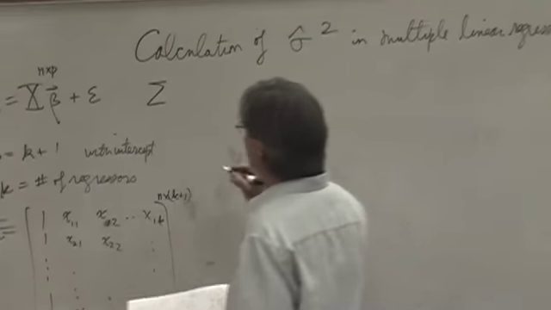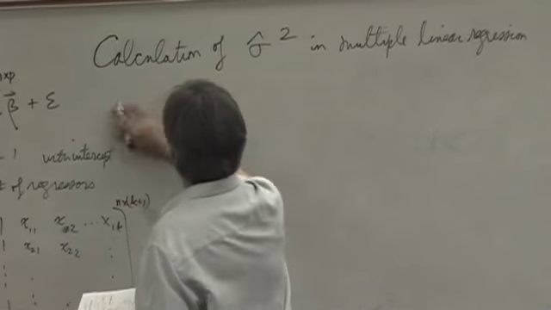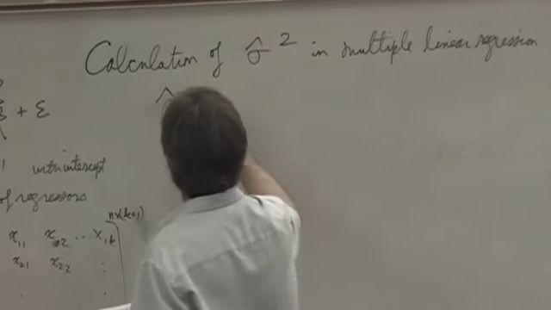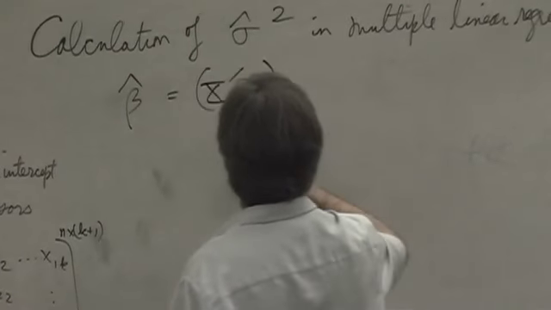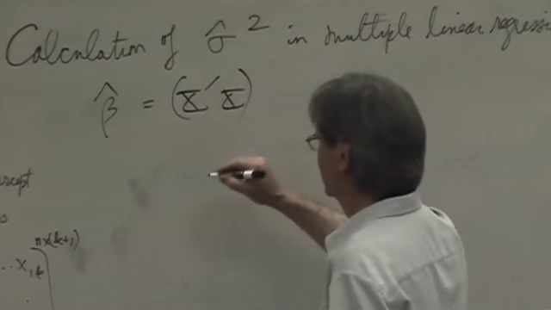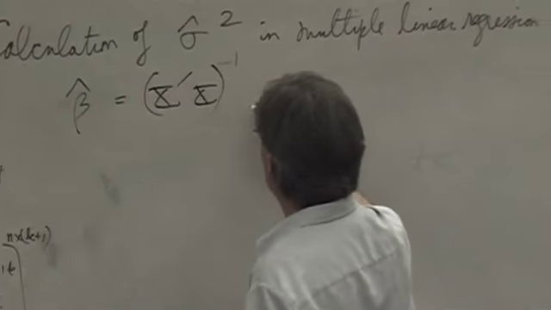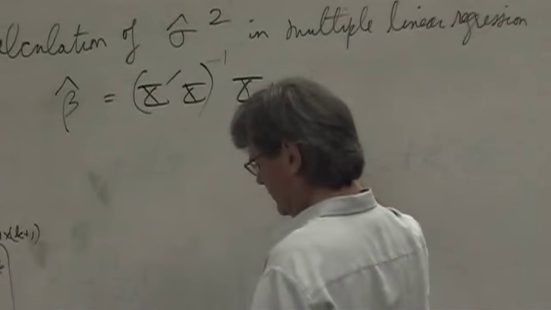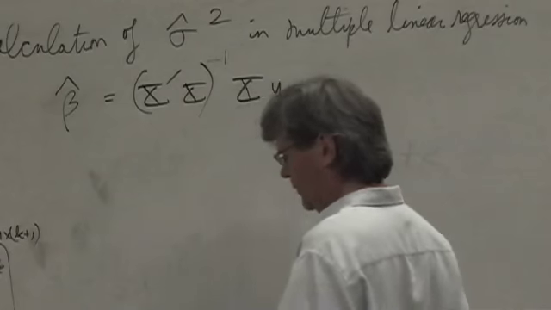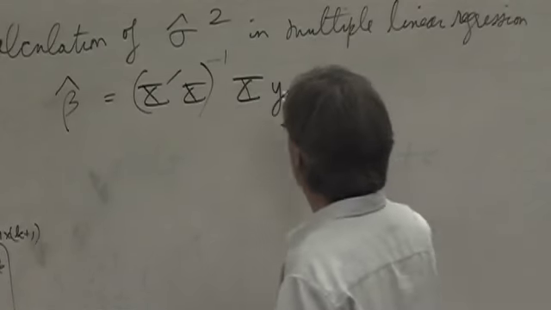Okay, now what is e_i? What you do is you calculate beta hat, which we did before. Beta hat turns out, under the assumption that X has this full column rank, you can calculate beta hat by this formula. Beta hat is (X prime X) inverse X prime y.